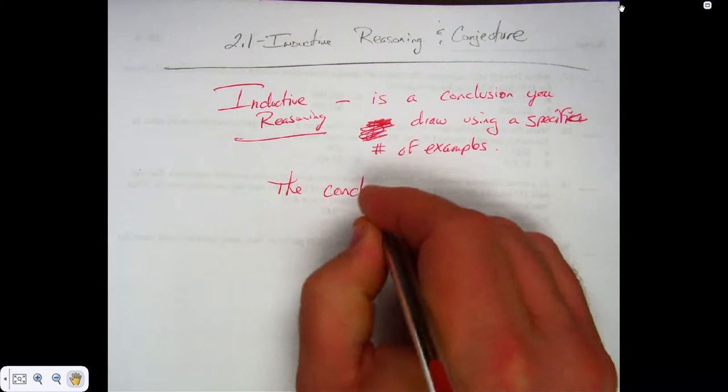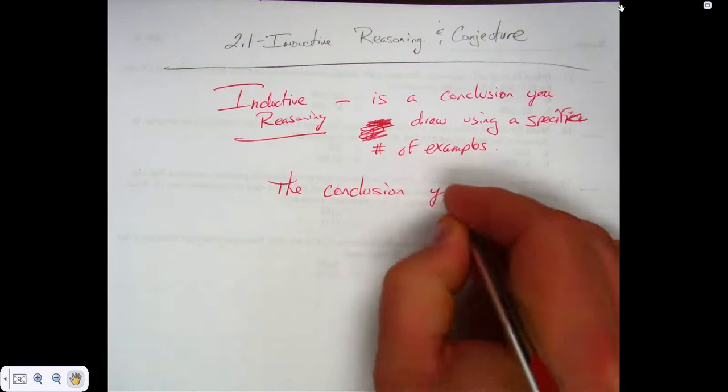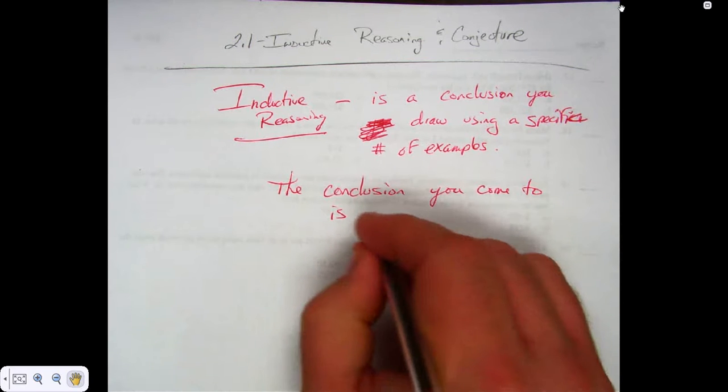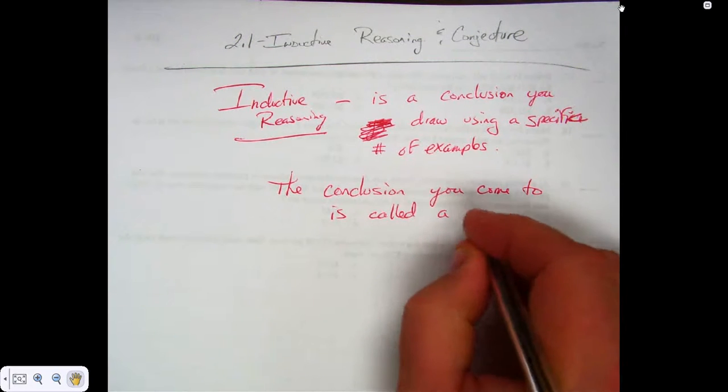The conclusion you come to is called a conjecture.